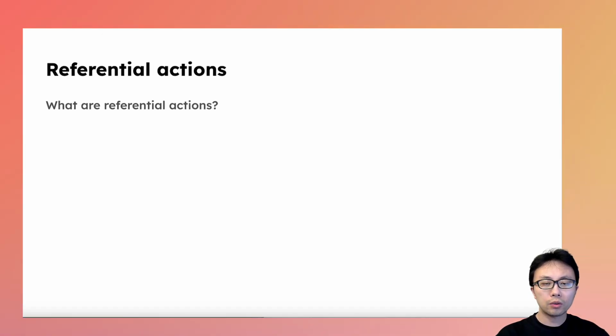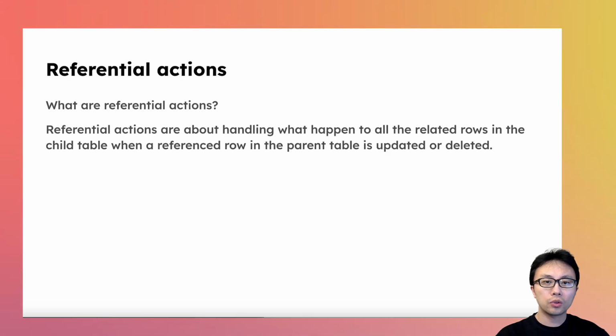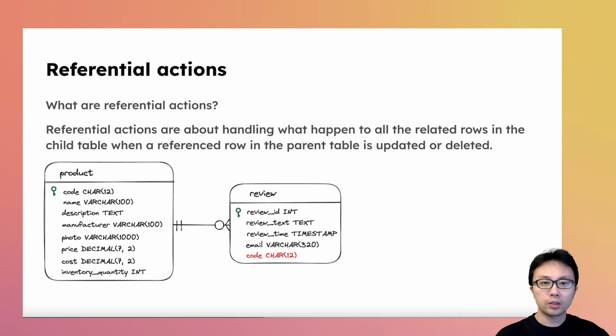So what are referential actions? Referential actions are about handling what happens to all the related rows in the child table when a referenced row in the parent table is updated or deleted. For example, think about the product and review table. In this relationship, the product table is the parent table, and the review table is the child table.